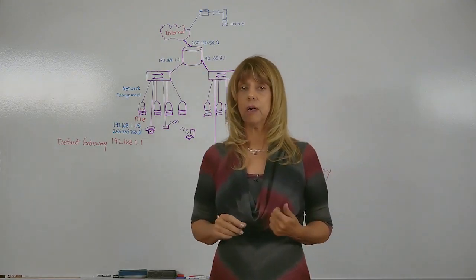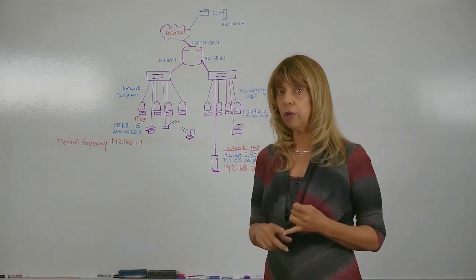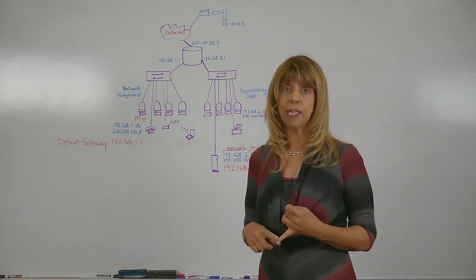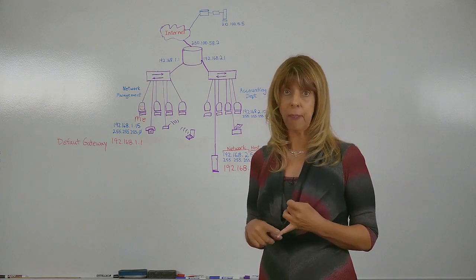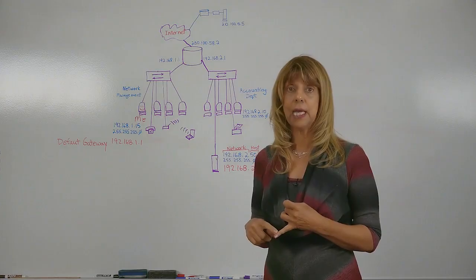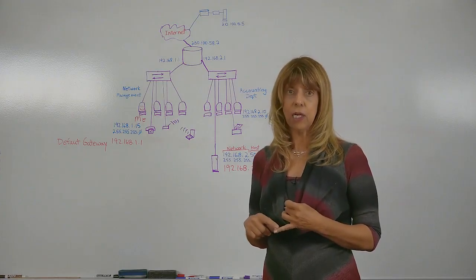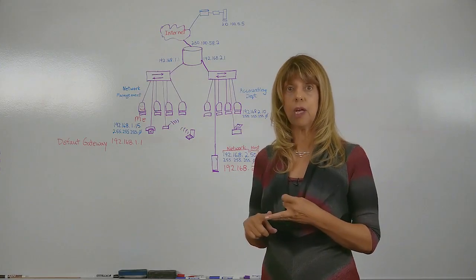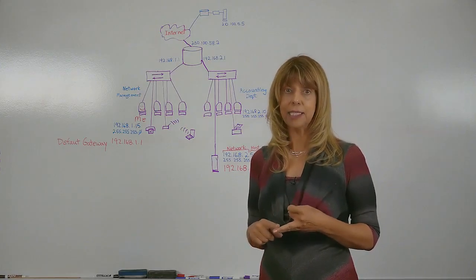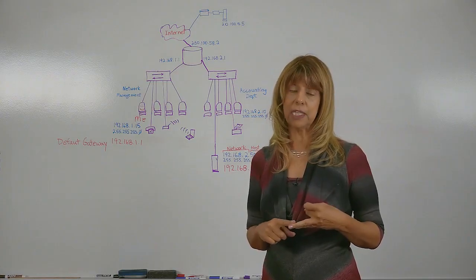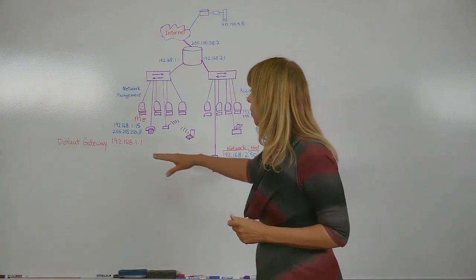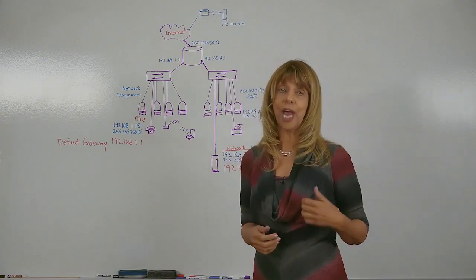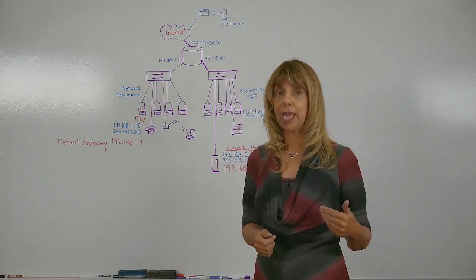As we learned earlier, computers figure out whether the destination is on their same local network through binary ANDing, which takes the subnet mask and ANDs it with the destination IP address to determine if the network portion of the address is exactly the same as the network portion of the sending host. In the case where that is not true, the computer has to send the packet to the gateway.